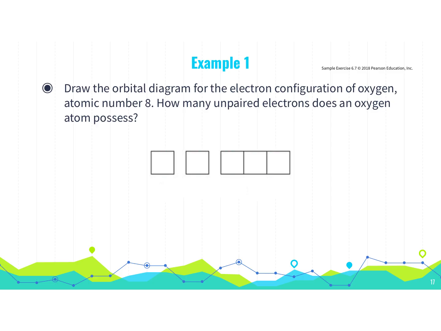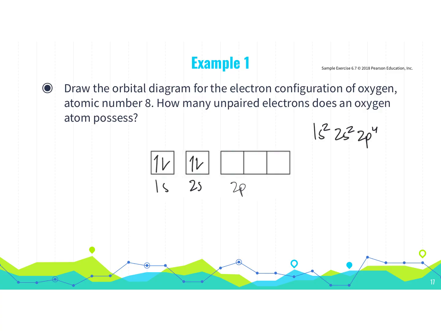Okay, so for this one, we have to remember our electron configuration for oxygen. If we look at the periodic table, we can see that it should be 1s2, 2s2, 2p4. And so if we're calling this our 1s, calling this our 2s, and then calling all of these our 2p, we know that, again, we start from our lowest energy level. So 1s, that should get 2 electrons. Then 2s, that should also get 2 electrons right there.